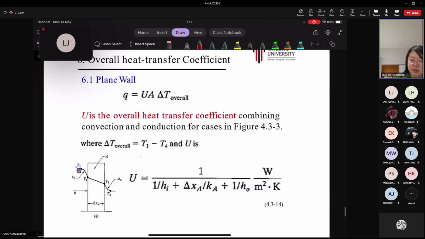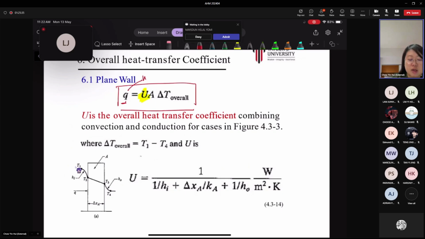So if we know the overall heat transfer coefficient, we can also use this equation to calculate it, where the rate of heat transfer, in watts, equals the overall heat transfer coefficient multiplied by area multiplied by the overall temperature difference.